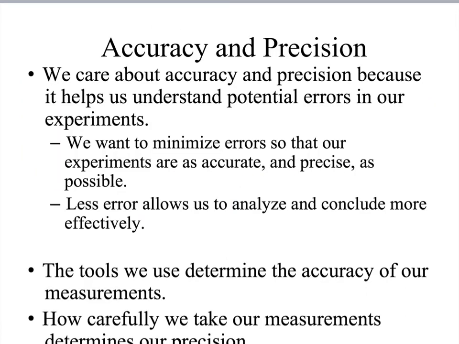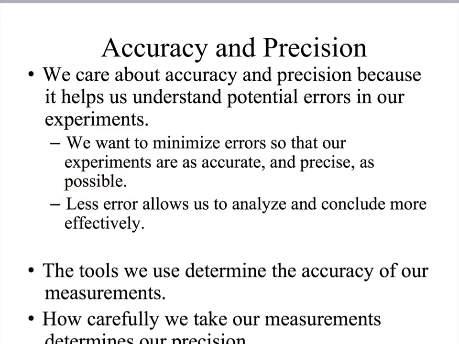Why we care about accuracy and precision a little more. We care about accuracy and precision because it helps us understand potential errors in our experiments. And we care because we want to minimize errors so that our experiments are as accurate and precise as possible.